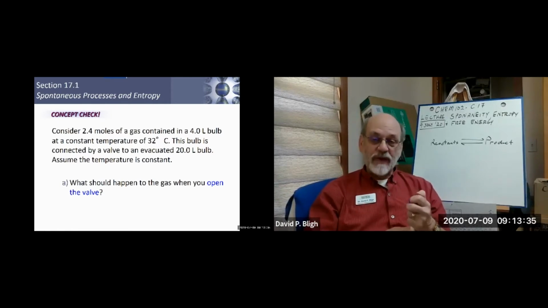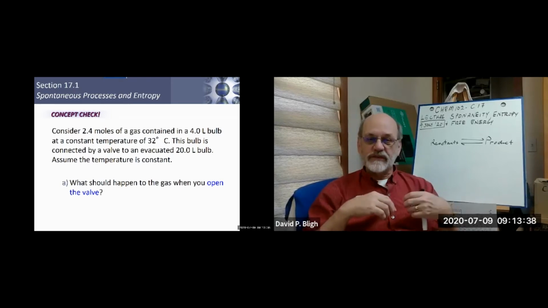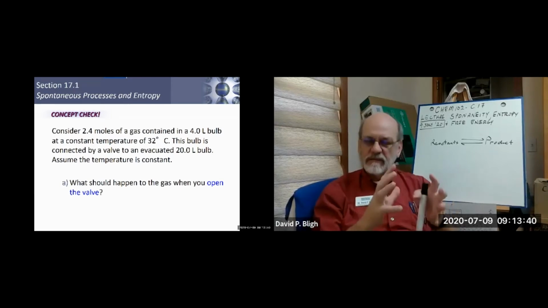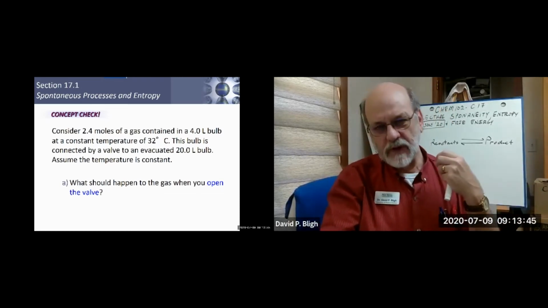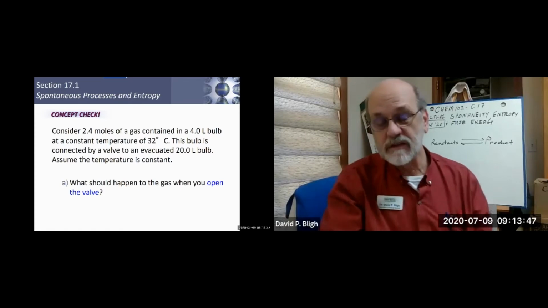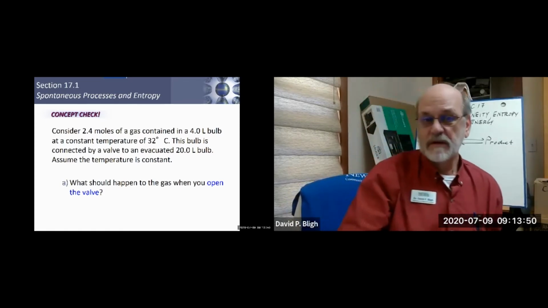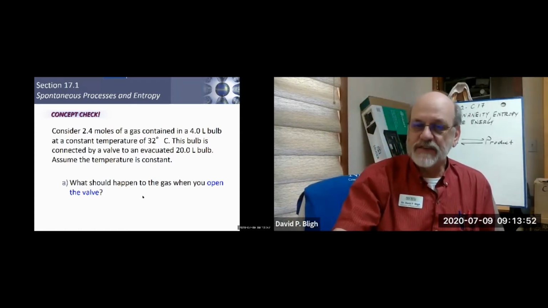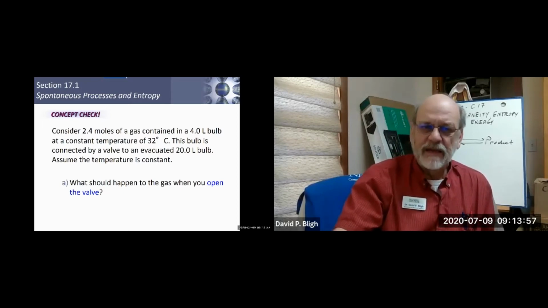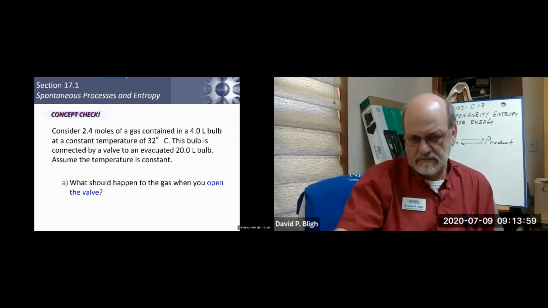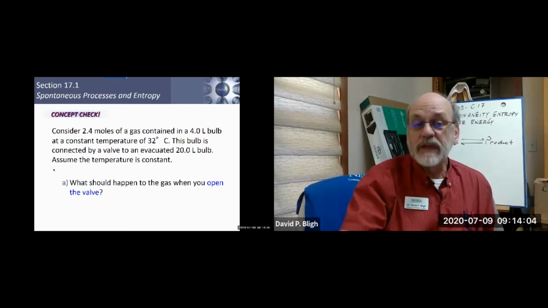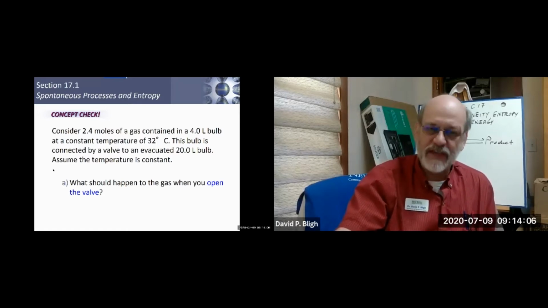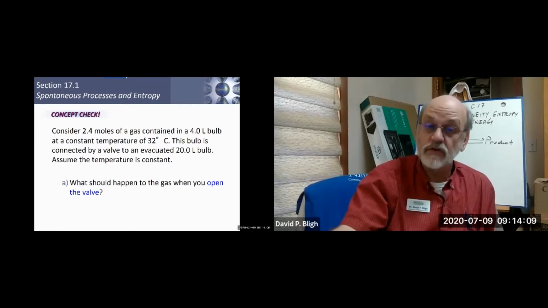So with that respect, we're going to look at this system and recognize that there really is no chemistry going on here. But the process itself is spontaneous, and we want to try to explain that. This is a physical system. There's no chemistry here, but we can describe the process itself as either spontaneous or non-spontaneous.